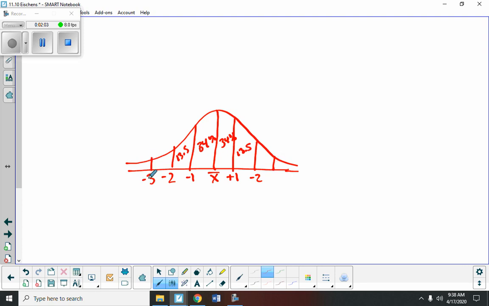And then 3 standard deviations, that's a plus, that's a minus, and that would be 2.35 and 2.35, and then beyond that is 0.15% and 0.15%. That adds up to 100% of the data.